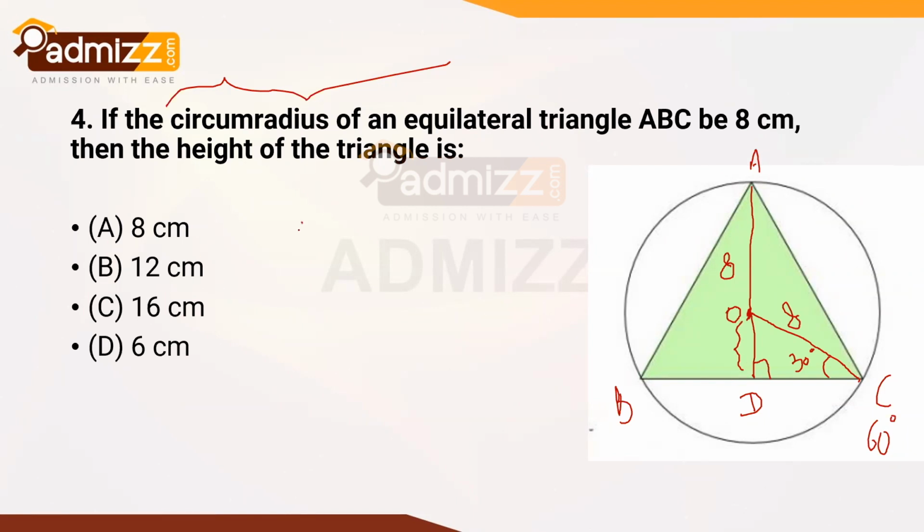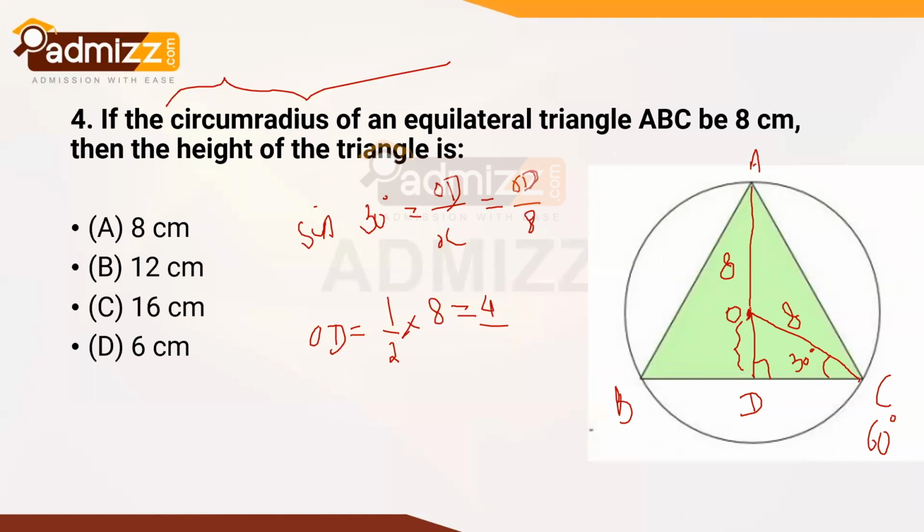So we know that sine 30 degrees is equal to OD, which is the perpendicular, over OC, which is the hypotenuse, which is OD over 8. Sine 30 is 1 over 2. So OD is 1 over 2 times 8, which is equal to 4.